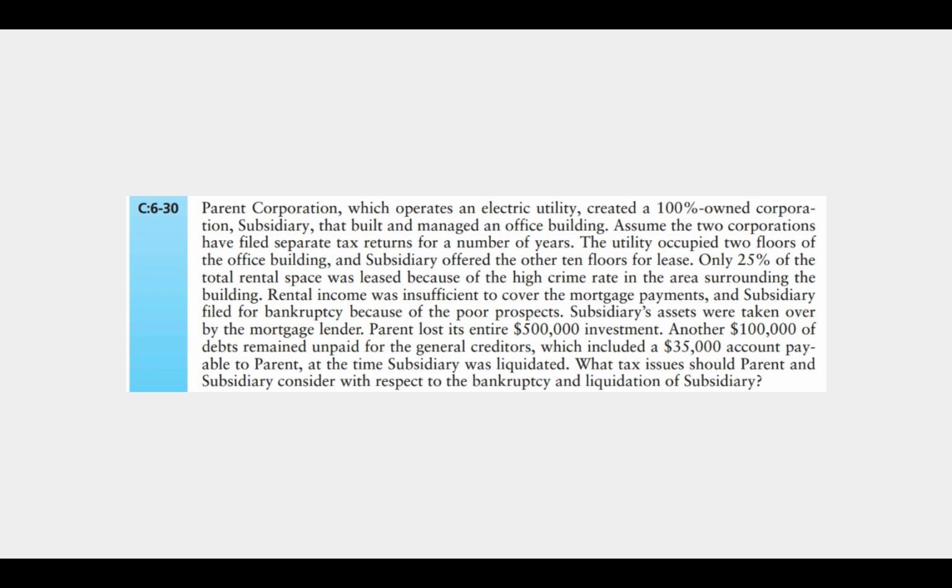Rental income was insufficient to cover the mortgage payments, and subsidiary filed for bankruptcy because of the poor prospects. Subsidiary's assets were taken over by the mortgage lender. Parent lost its entire $500,000 investment. Another $100,000 of debts remained unpaid for the general creditors, which included a $35,000 account payable to parent at the time sub was liquidated. What tax issues should parent and subsidiary consider with respect to the bankruptcy and the liquidation of subsidiary?